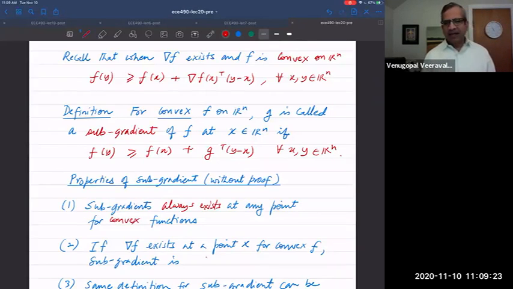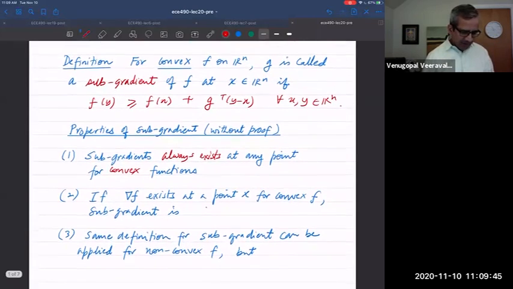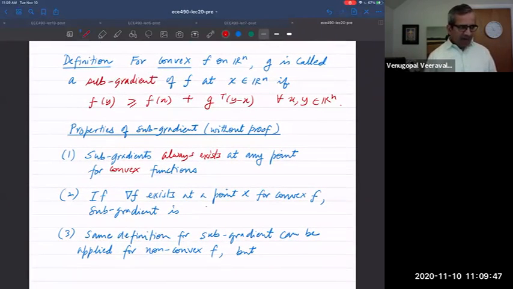The proof of this gets a little technical because it involves the separating hyperplane theorem for convex sets, which has a short proof given in the appendix, so you can look that up. But you should believe that if the function is convex, you can always find a g at any point that satisfies that property.